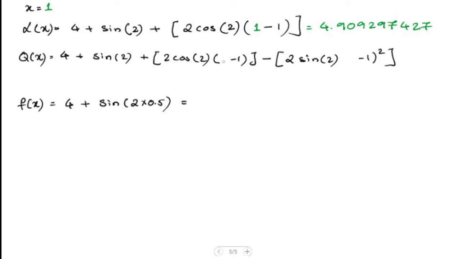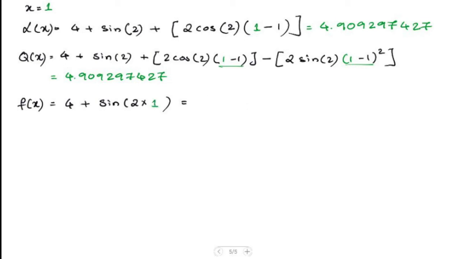And here we have again 1 minus 1 and 1 minus 1 squared. Since 1 minus 1 is 0 here and 1 minus 1 is 0 here, both these terms get cancelled, and we have the same number again here, which is 4.909297427. And for the actual value, I did not replace this one here, so this should be replaced by 1.